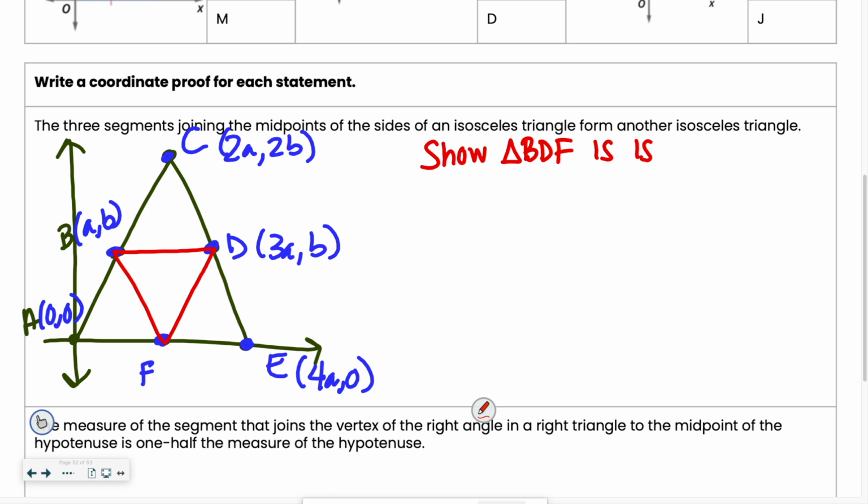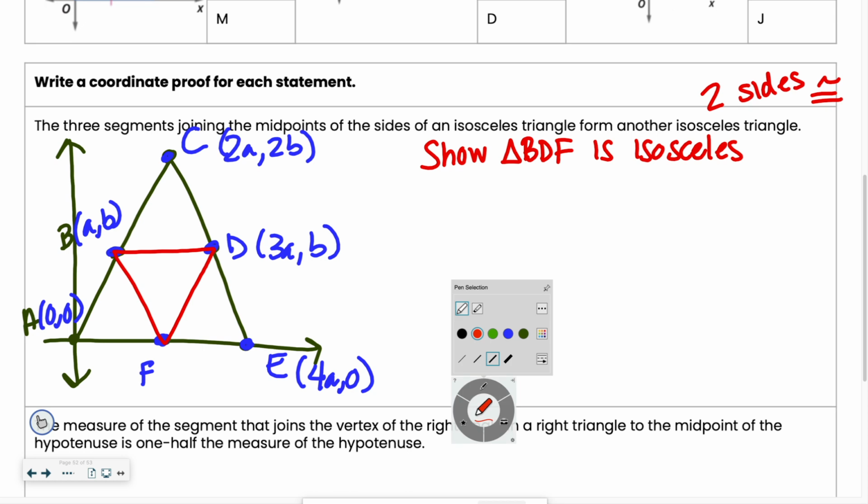is isosceles. So now I want you to think what makes a triangle an isosceles triangle. Two sides congruent, right? So if we look at this picture here, we would want to show that BF, this segment, is congruent to FD.